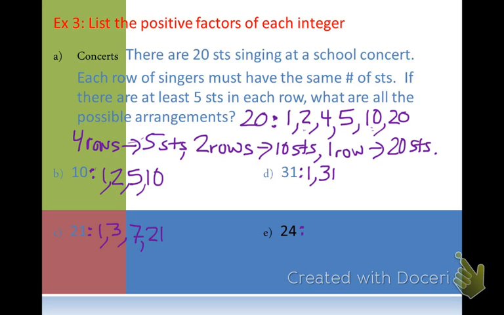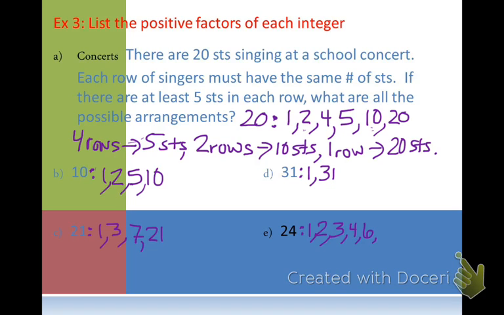24. 1. 2. It's an even number, so yes. 3. 4 plus 2 is 6, so yeah. So it's 3, 4, 24, yes. 4, 5, no. 6. 4 times 6 is 24.